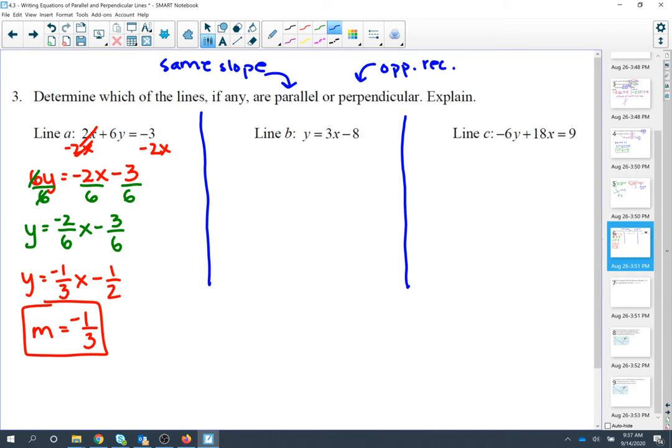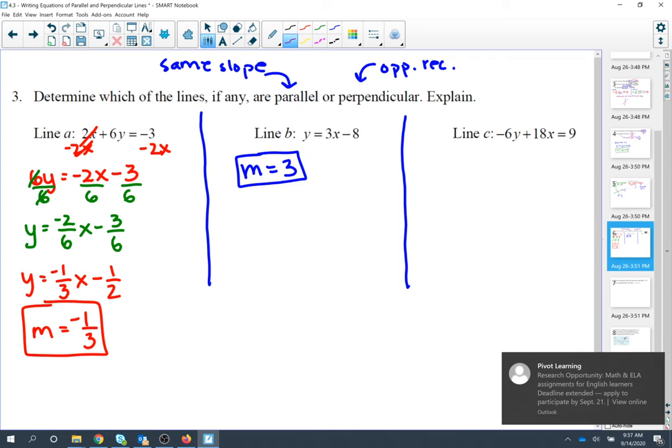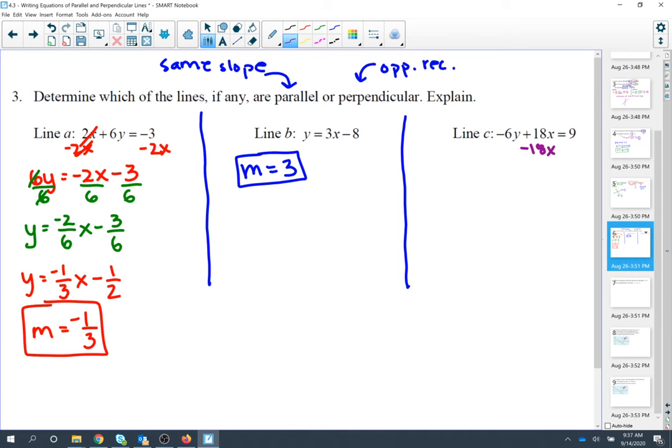Next one, y equals 3x minus 8. This is already in slope-intercept form. Slope equals 3. Last one, negative 6y plus 18x equals 9. We have to get the y by itself, so I'm going to subtract 18x. So negative 6y equals negative 18x plus 9.